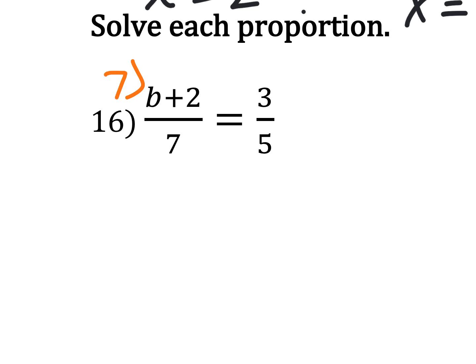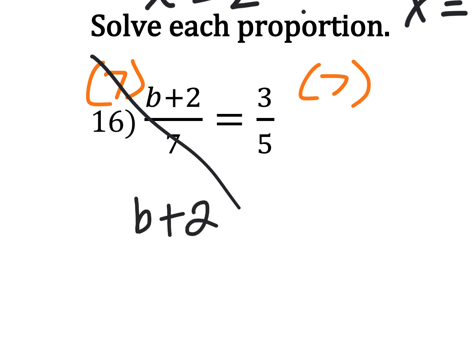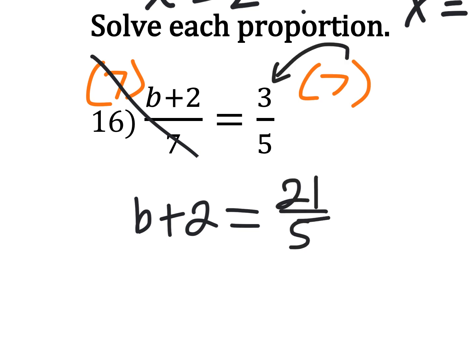So is it wrong if you do it? No, but you don't have to because you don't have a variable to isolate on that side. So all I'm going to do is multiply both sides by 7. That cancels. That's going to leave me with b plus 2. And then over here, 7 times 3 is 21. So that's going to be 21 over 5.